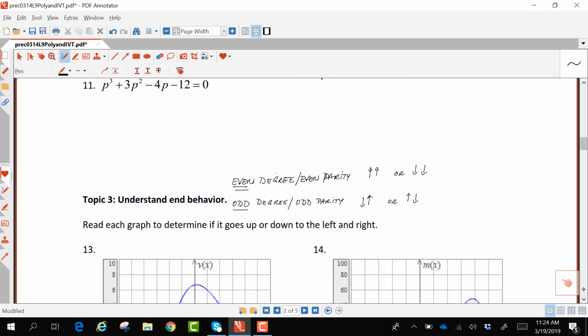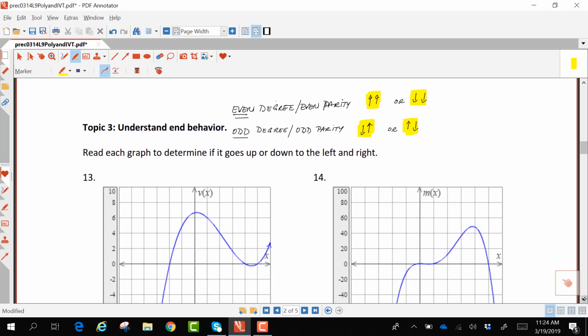As mentioned earlier, if you have an even degree polynomial or even parity, you have two options for end behavior, either up, up, or down, down. If you have an odd degree polynomial, which is odd parity, your end behavior will be two options, down, up, or up, down.